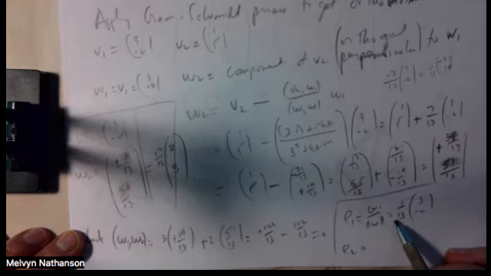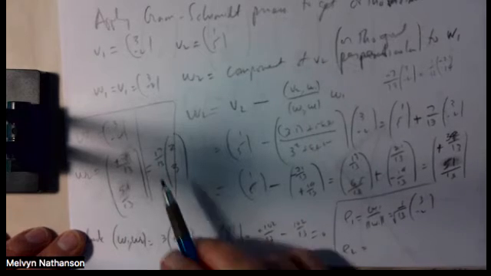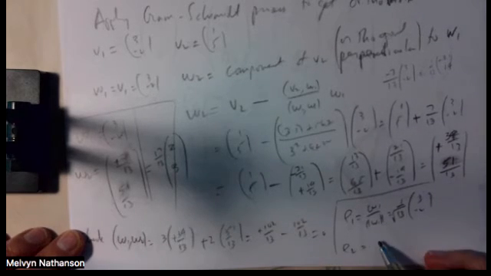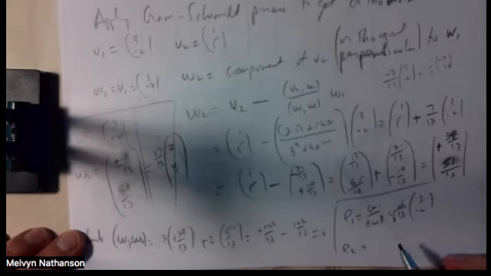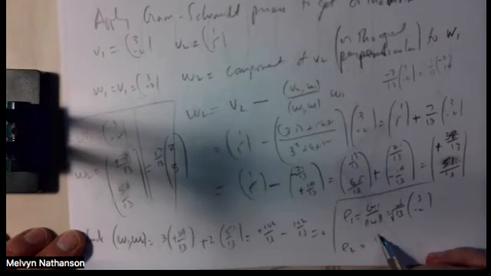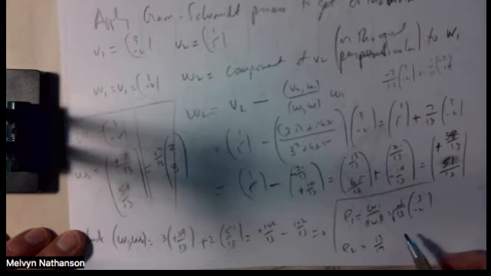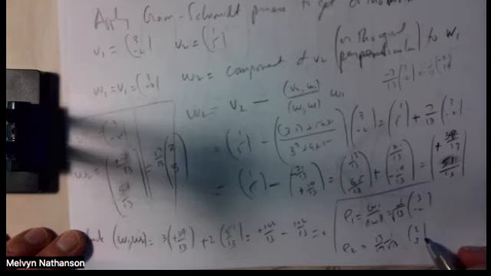Divided by its length, 1 over the square root of 13. And the length of this vector would be 17 over 13. So the reciprocal, 13 over 17, times 1 over the square root of 13, times the vector 2, 3. And these vectors have unit length.